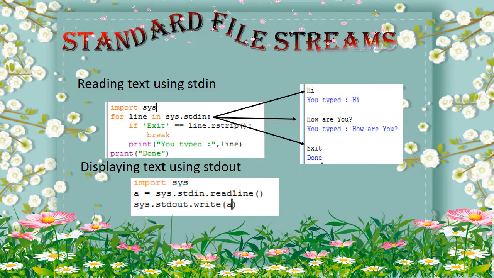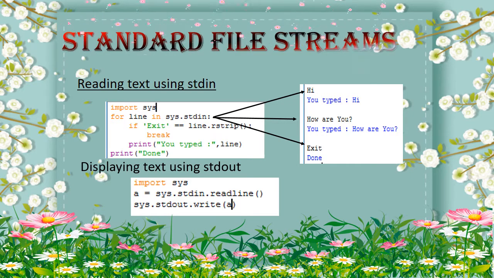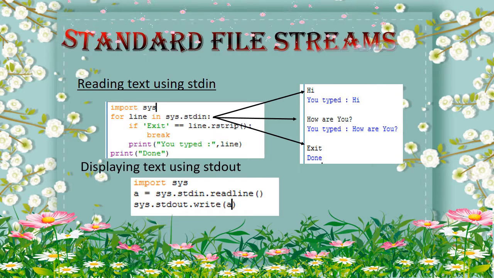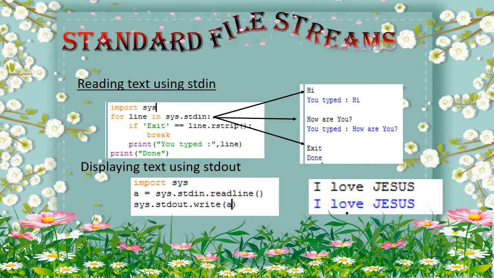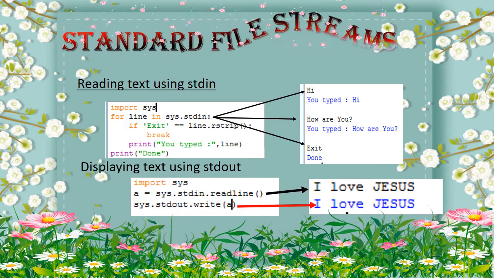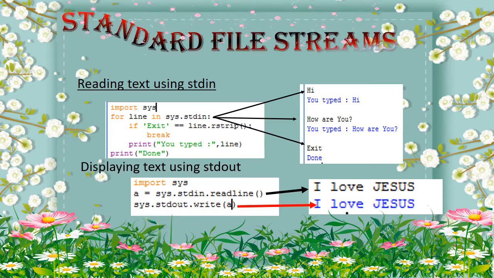Generally to display the variable we use print of a. Here I'm using stdout.write of a, so the content is displayed. First read, and then display using the stdout.write function.